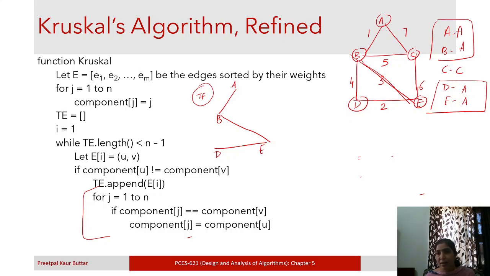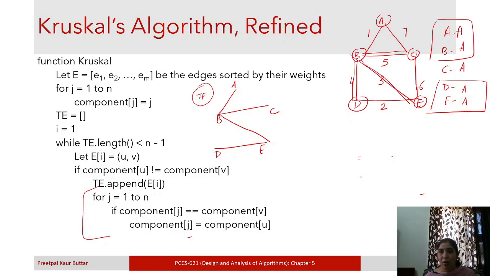And then the next smallest edge is b comma d. It will not be added because they are belonging to the same component. Then the next smallest is b comma c. This will be added because b and c, they are belonging to different components, and after adding this component will be updated.